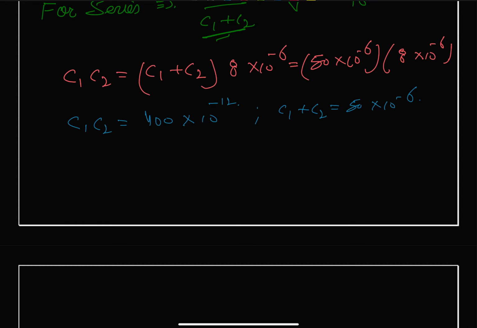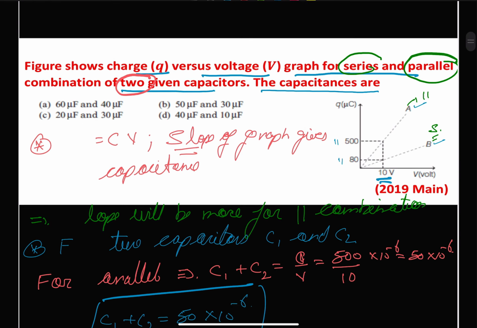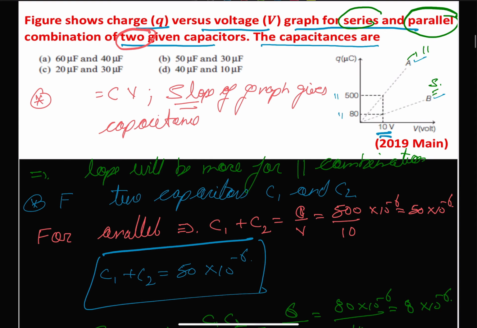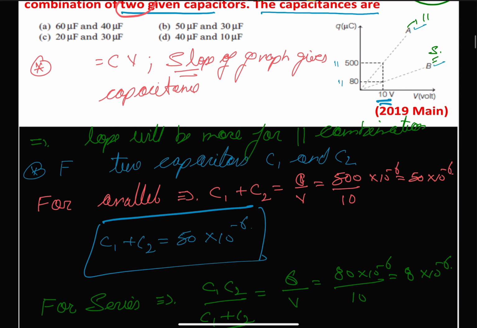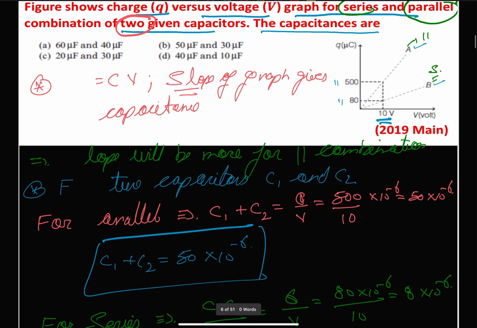okay, I think there is a much better option. One second, this is our C1 times C2. Okay, so a much better option is to make a wild guess from the options that are given to us. We are given that C1 plus C2 should be equal to 50, and C1 into C2 must be equal to 400.